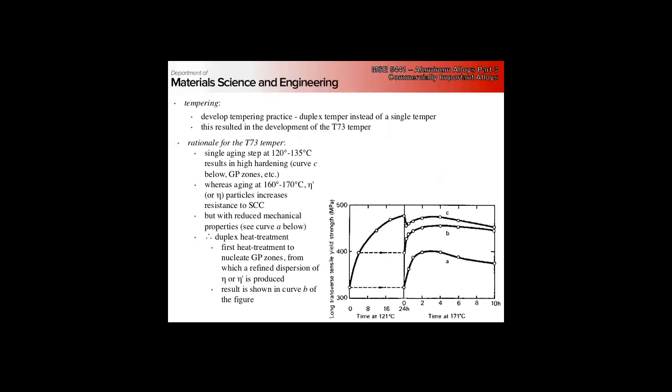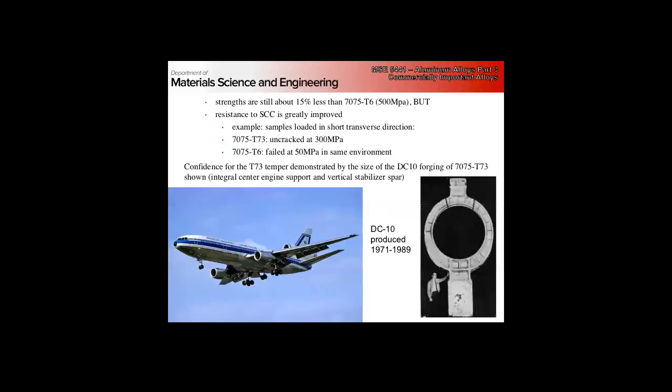Several times the duplex heat treatments, of which this T73 temper is a really important example. Back in the strengthening section, we talked about how for a lot of alloys, we'll heat shortly at a low temperature to stimulate GP zones and then go to a higher temperature. So the T73 is one really critical example of that.